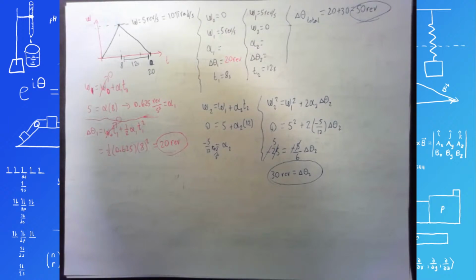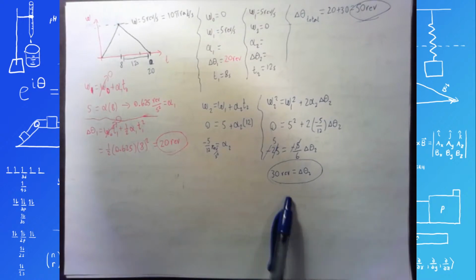For those of you wondering why this is not a negative 30, just because the acceleration is negative doesn't mean that the direction of motion instantly turns negative. It just means it's slowing down, still moving in its positive direction, whatever positive means here.